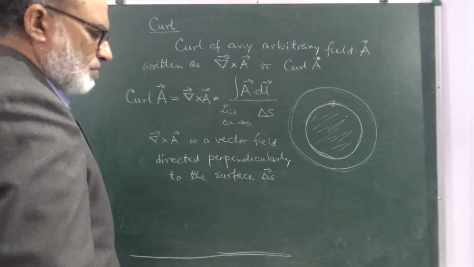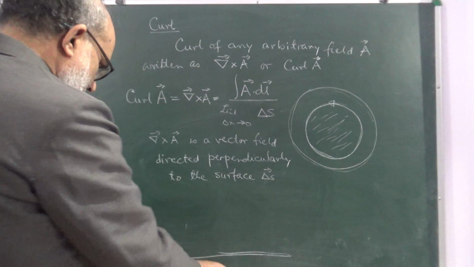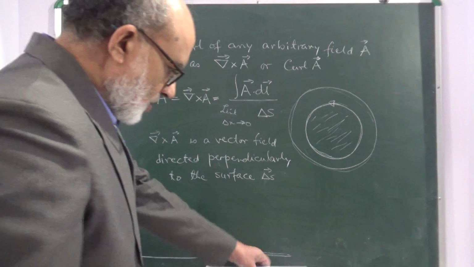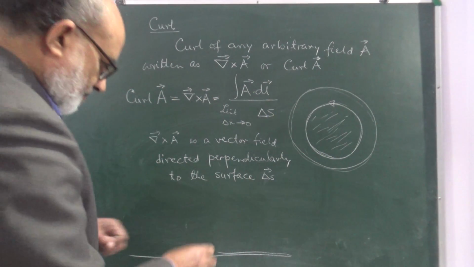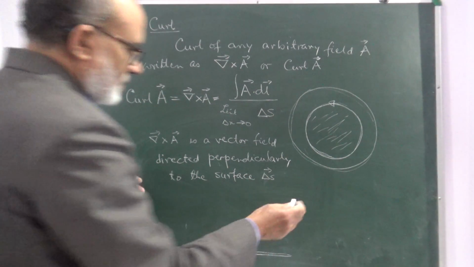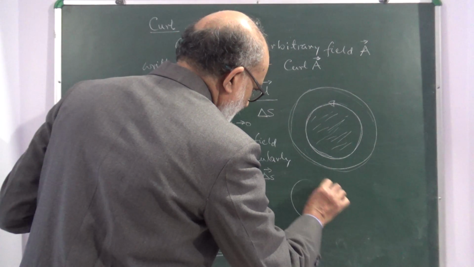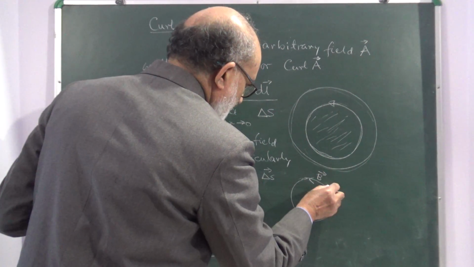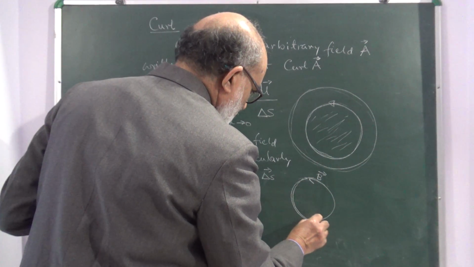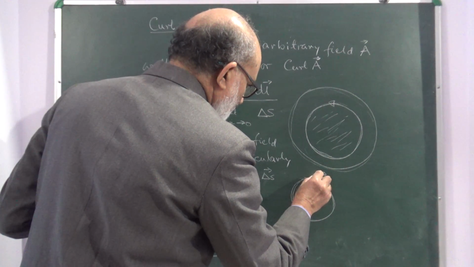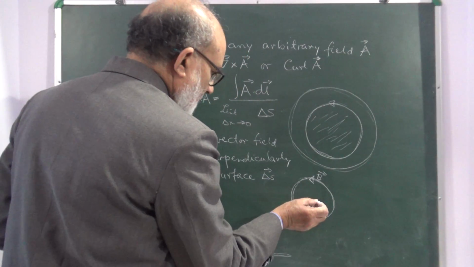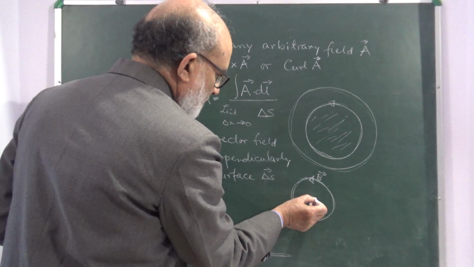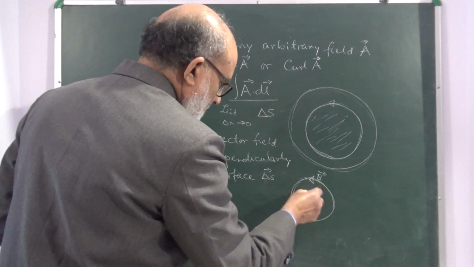One of the examples of this curl is Ampere's law, because we know that in Ampere's law, the rotation of the magnetic field, this is the magnetic field, they take the rotation of the whole magnetic field, the line integral of the magnetic field results in a current which is directed along the axis perpendicular to the plane formed by this circuit.